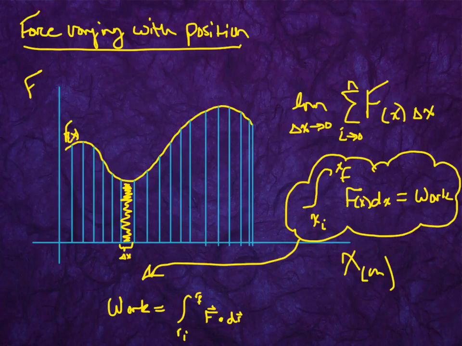So this is the general form for our work by varying force. The most common one you guys are going to see is something we actually haven't lectured on yet, but hopefully you picked it up in your book: work done by a spring.